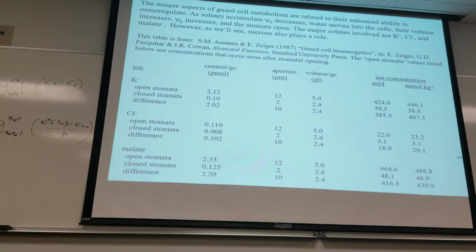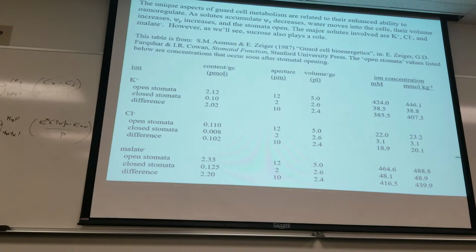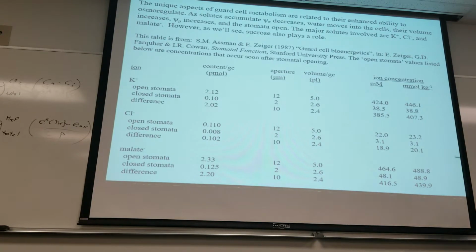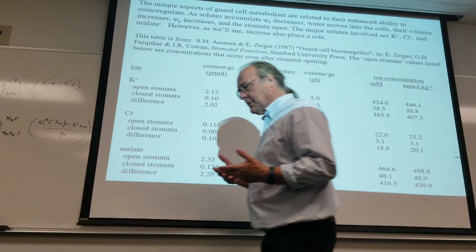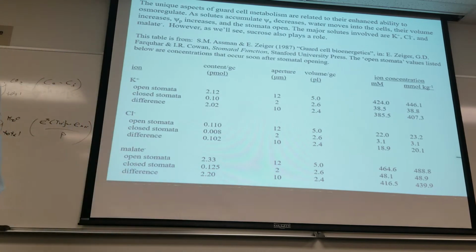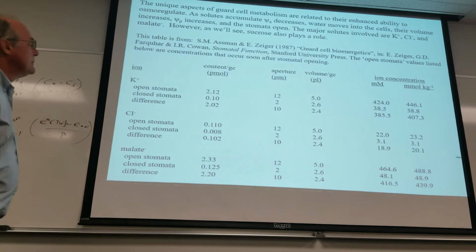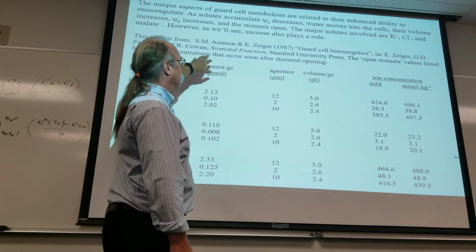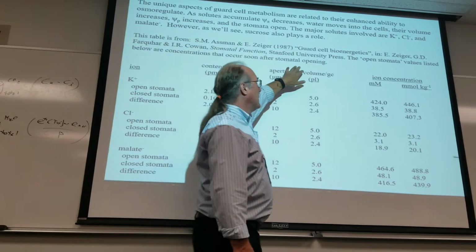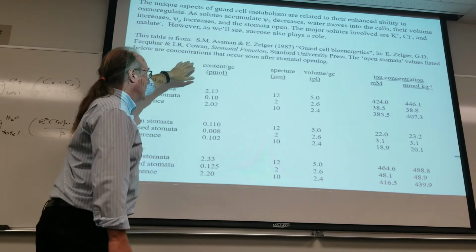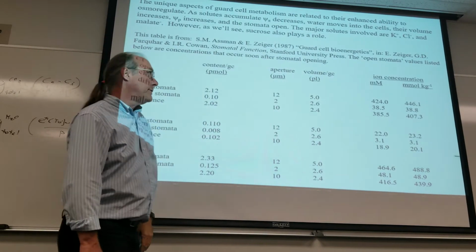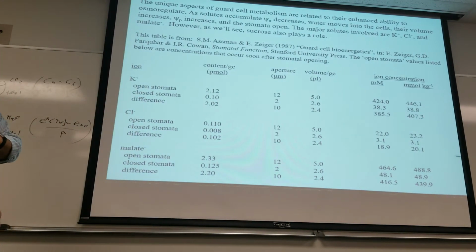Guard cell metabolism. All right. Well, as I said, a unique feature of guard cells is their enhanced ability to osmoregulate, to change their concentration of solutes. And here's a table from a chapter called Guard Cell Bioenergetics from a book called Stomatal Function, you can find in the library if you're interested.